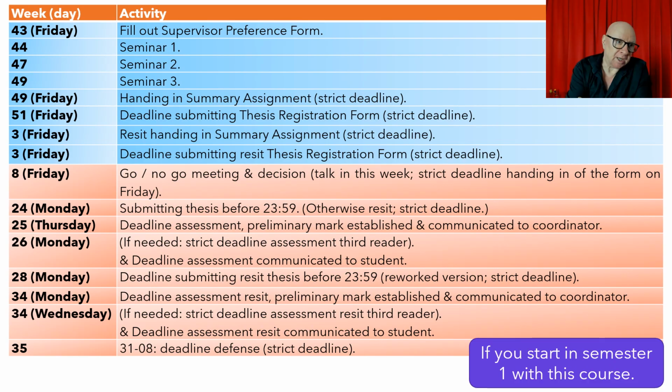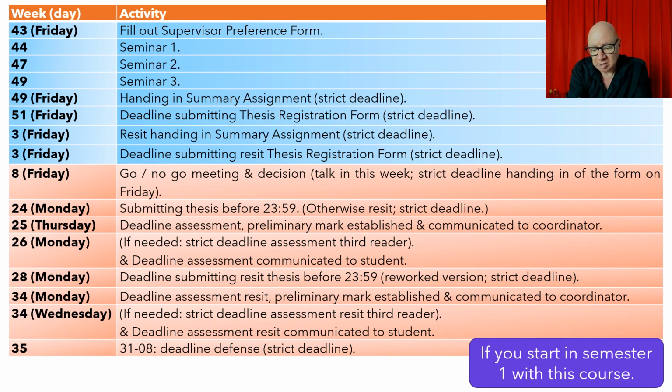If it's needed, then the coordinator makes arrangements for that, and then 2 working days later, and that makes 10 working days we have for assessment of the thesis, the assessment of the third reader has to be in, and then the grade will be communicated to the student via Canvas. That is what we do.